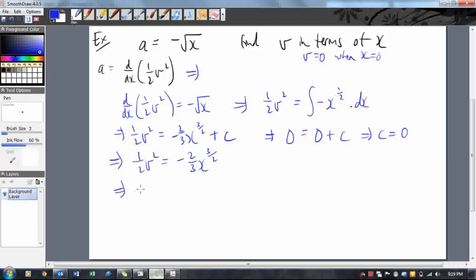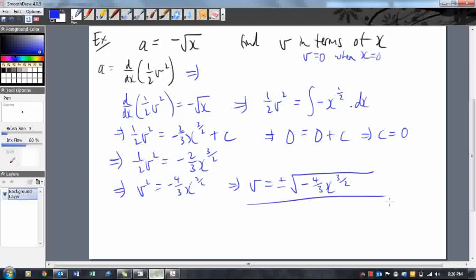So times that by 2, so v squared is equal to negative 4/3 x to the 3 over 2. Therefore, v equals plus or minus square root of negative 4/3 x to the 3 over 2. And there's your answer there.